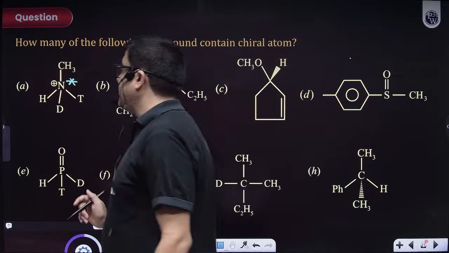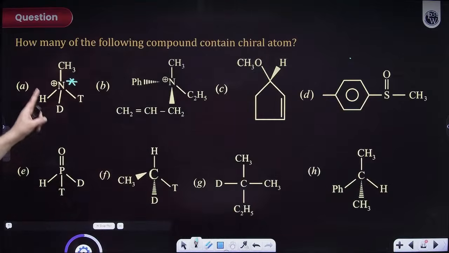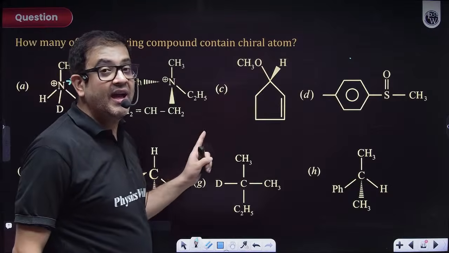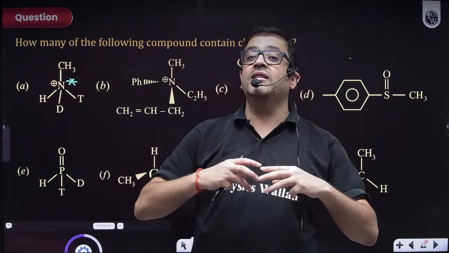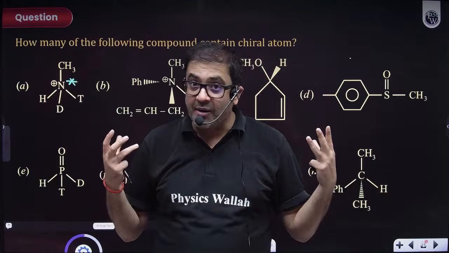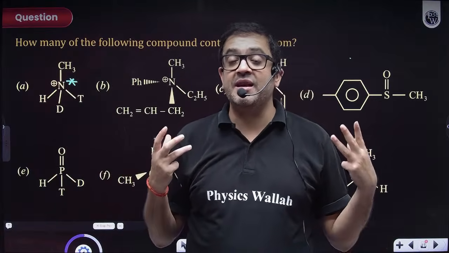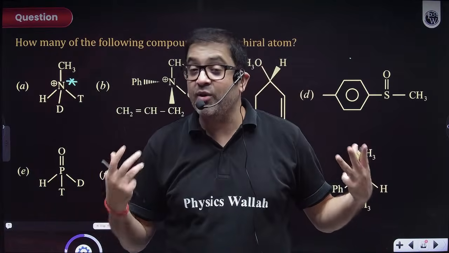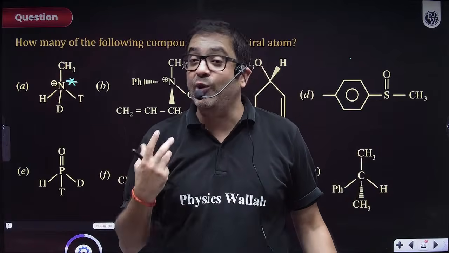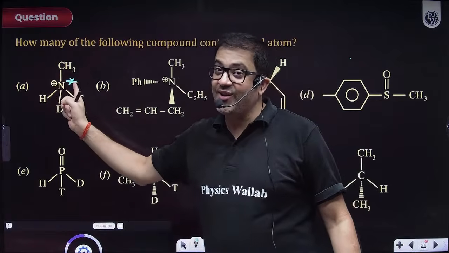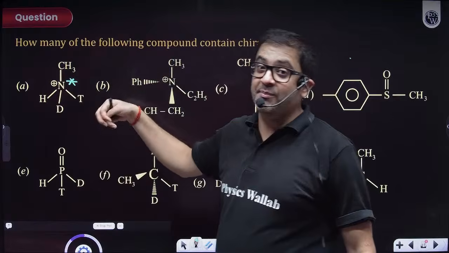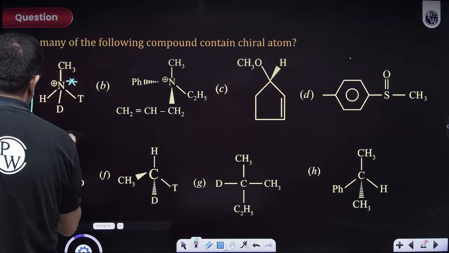In nitrogen, the lone pair makes the flipping, and because of that flipping, the optical isomers of substituted amines remain interconvertible. So if the lone pair is gone, this is a chiral center, a beautiful example to give a distinction between them. So this is definitely chiral.